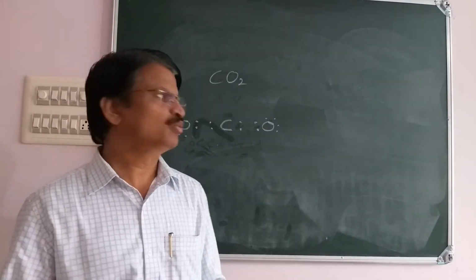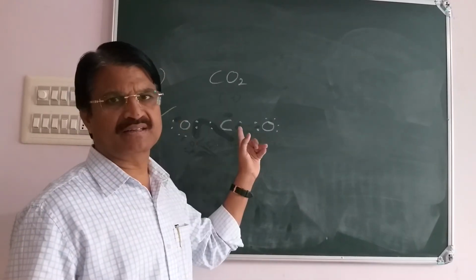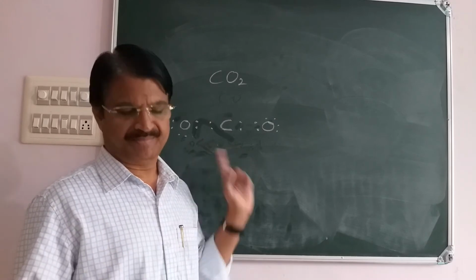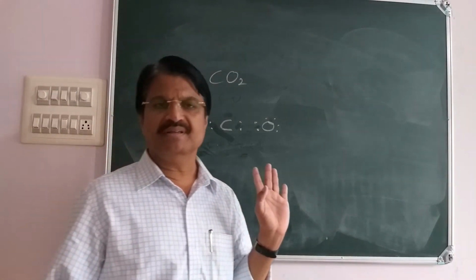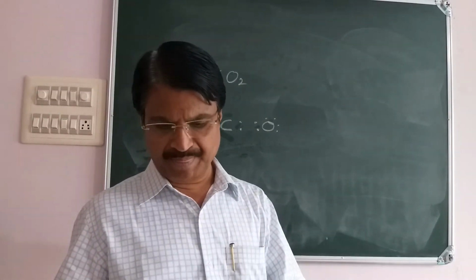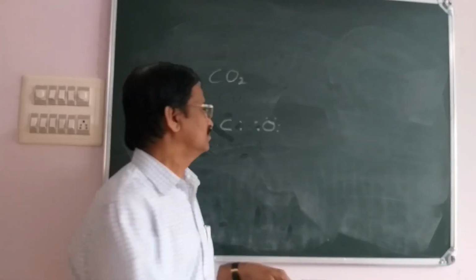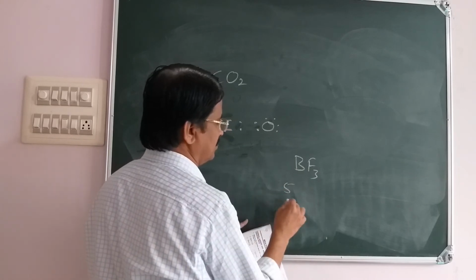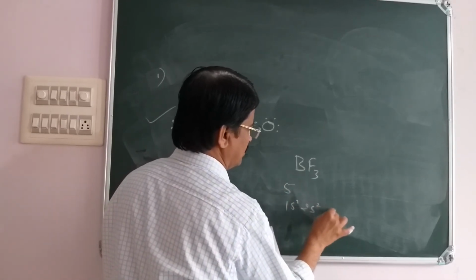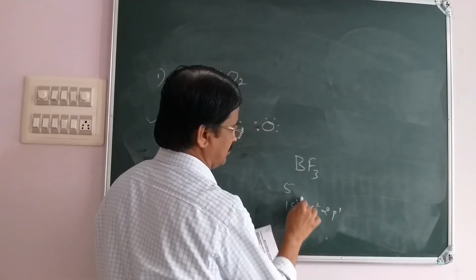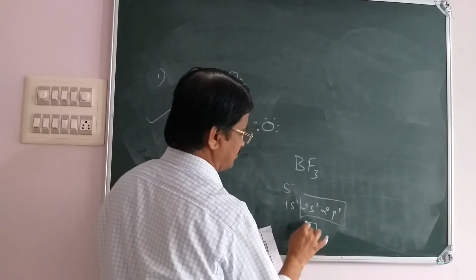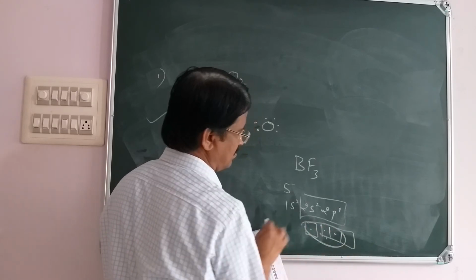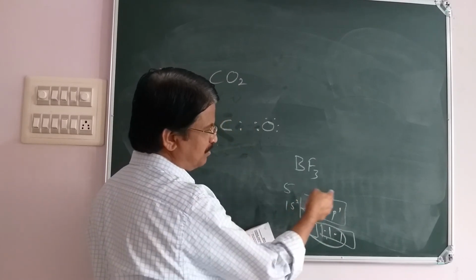Second option, CO2. CO2, linear. 2 pi bonds are there, linear, therefore it is called sp. CO2 sp, CH4 sp3. But boron trifluoride, BF3. Boron, atomic number 5, 1s2, 2s2, 2p1. For this we can write the excited state, electron jumps here.